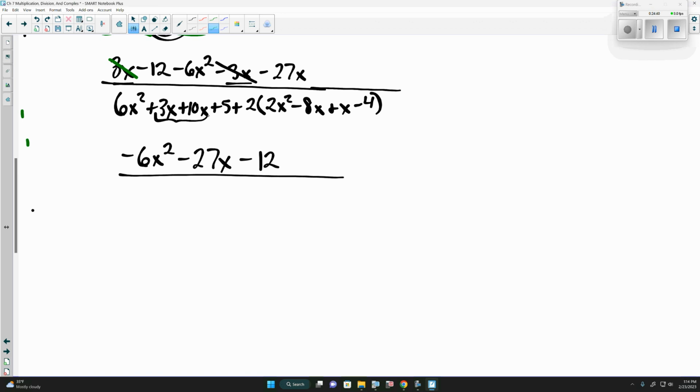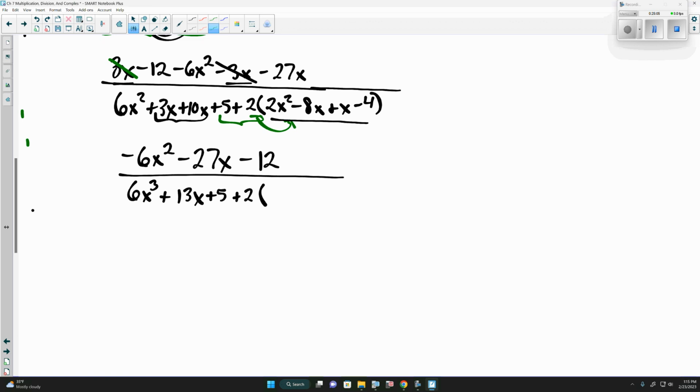Now the denominator does have these two like terms here, 3x and 10x. So we can combine those, gives us 13x plus 5. Now it seems like 5 and 2 would be like terms, but the 2 is actually multiplying all that there. So it's just plus 5.